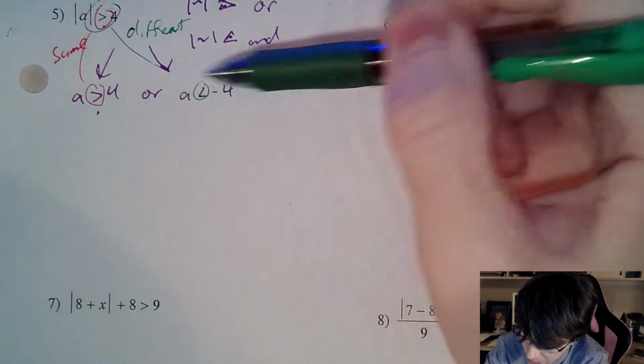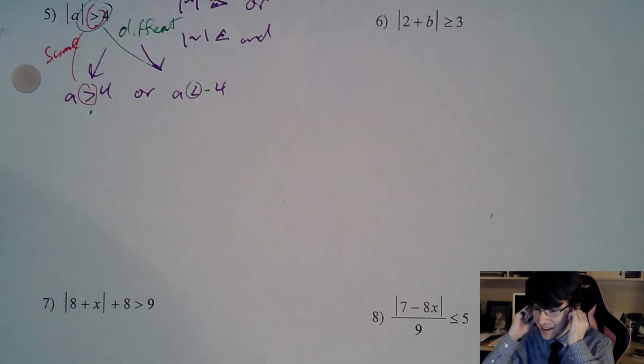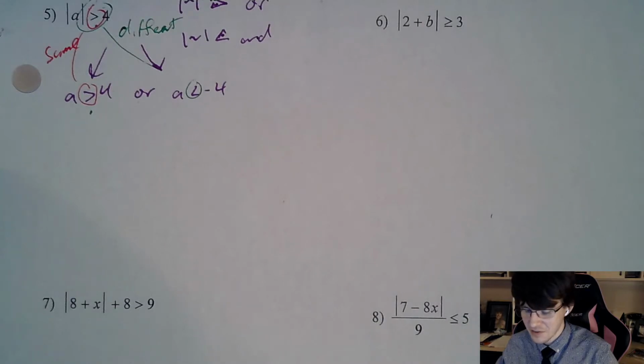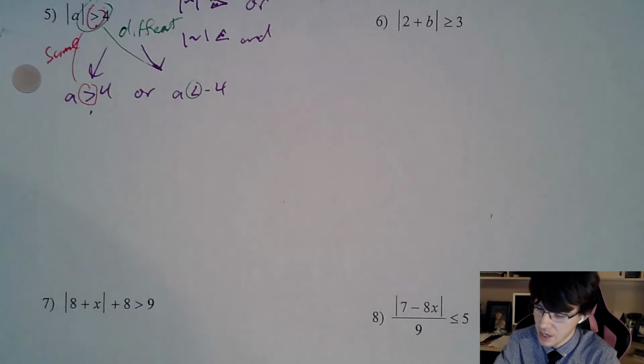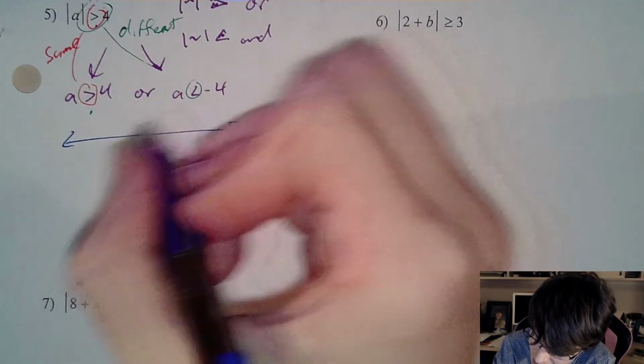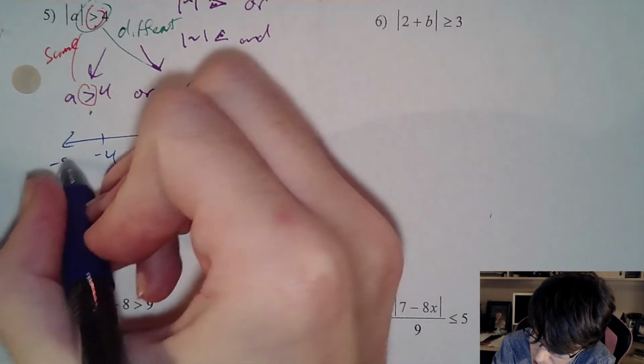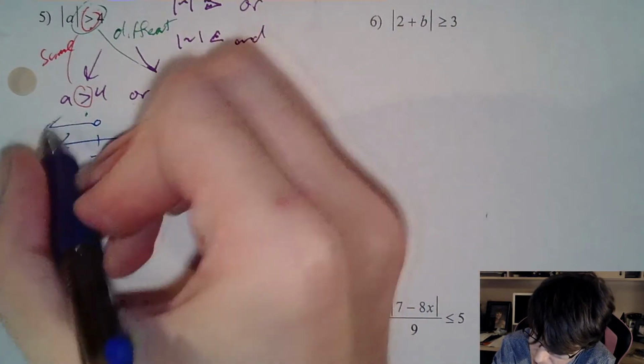Okay, so there's positive 4 and negative 4 as our two sides. A is greater than 4 and less than negative 4. And to help us write the interval notation, we're going to go ahead and create that number line. Again, if you understand how to do these questions, you do not necessarily need that number line, but I do think it is helpful for those who need it.